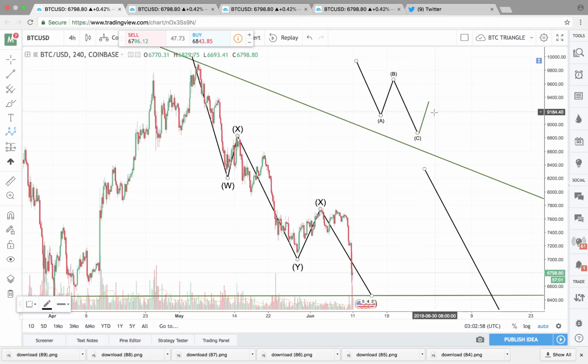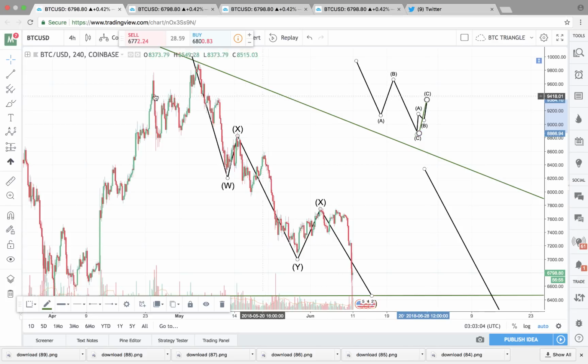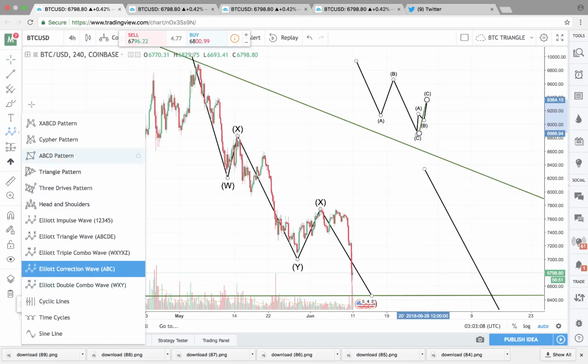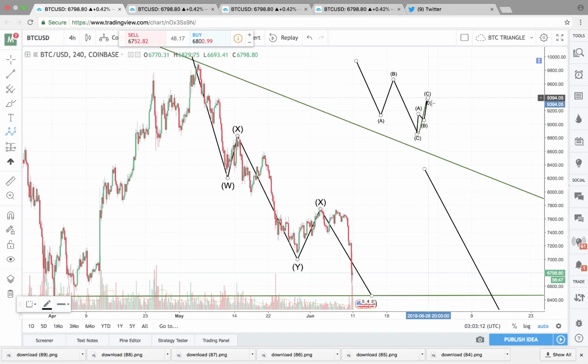So the X wave, for example, can be another little tiny ABC, or it can also be a flat, but it just has to be some corrective wave structure. And then that little X wave is followed by a second larger corrective wave, like another ABC, we get right here. And this whole structure would be labeled a double combo correction, and the labeling would be as such.